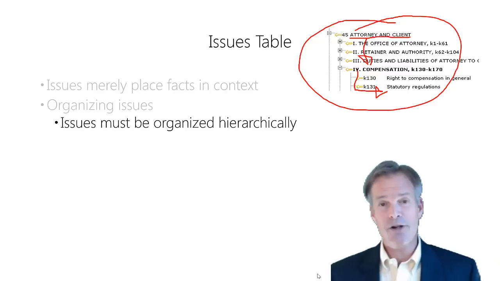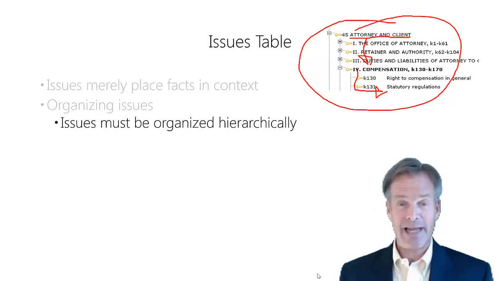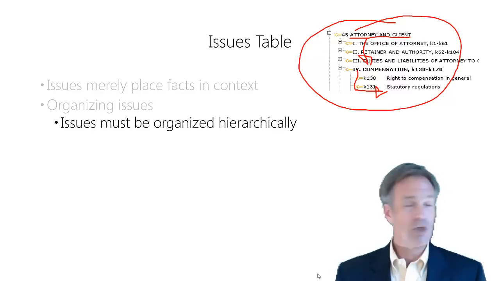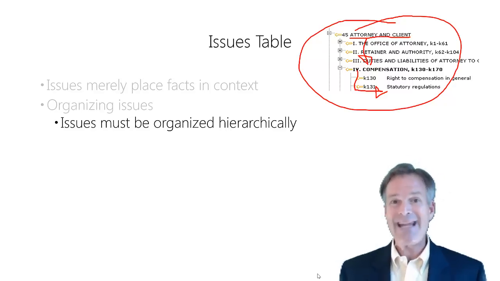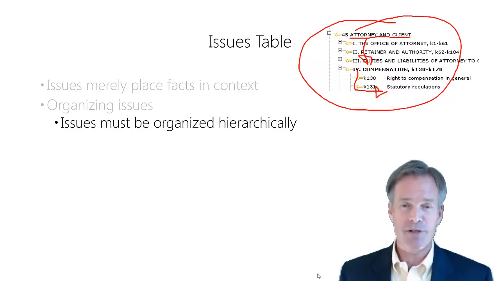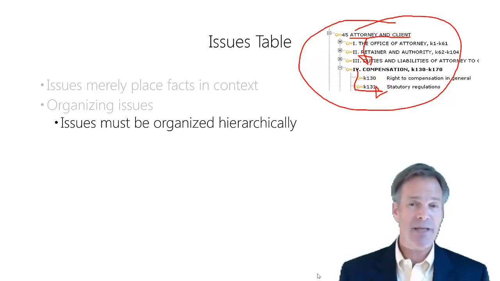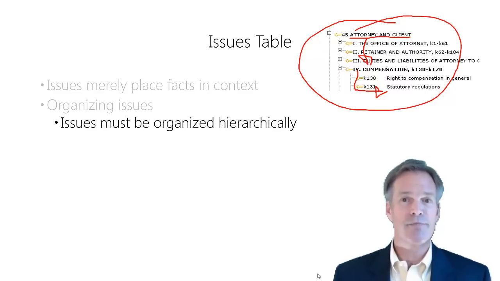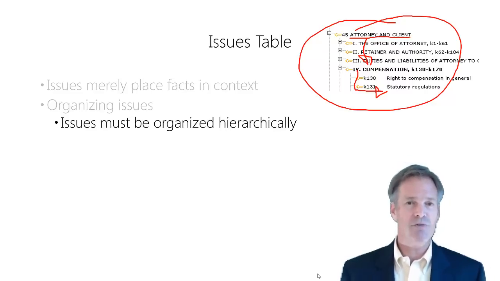So by hierarchical organization, in our red light, green light case, you would have perhaps two big, main categories being liability and damages. Under liability, you might have speed, you might have weather, you might have other subcategories, sub-issues.